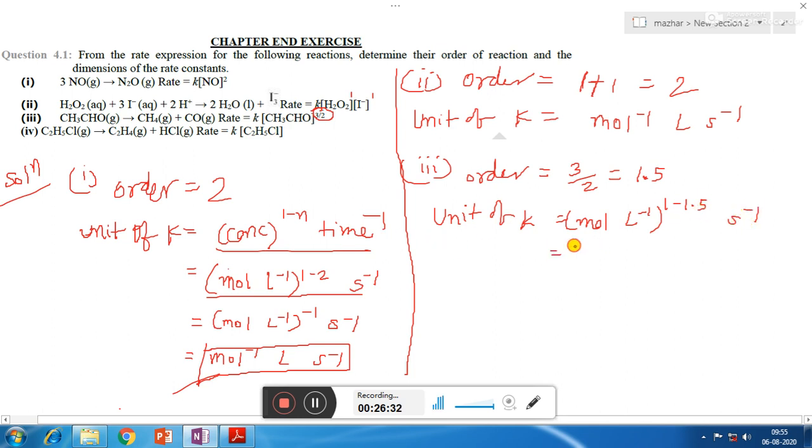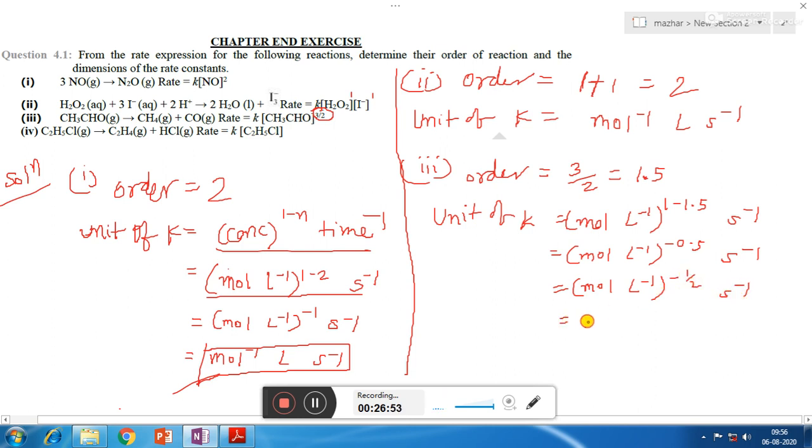Here 1 minus 1.5 is minus 0.5, so mole per liter raised to minus half, second inverse.